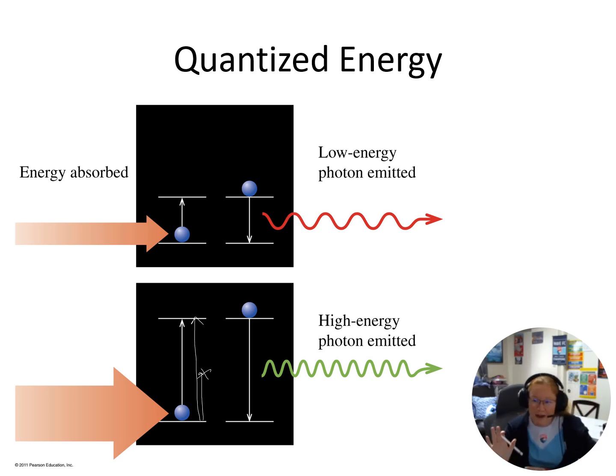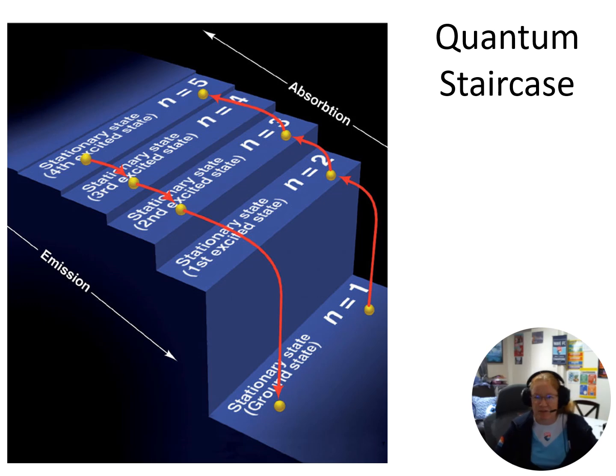Now, when I mentioned that it's almost like a staircase, here's the difference. As we get further away from the nucleus, the energy levels actually get closer and closer together. In a normal staircase, every stair is equidistant from the stair above it, and they're all the same. But within an atom, the energy levels are a little different, because the further out we go, the closer together they get.